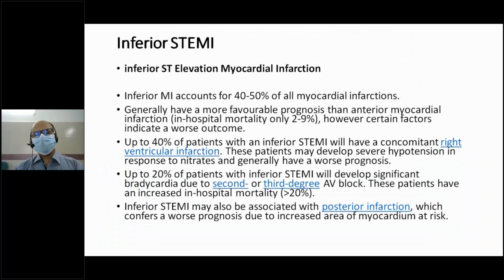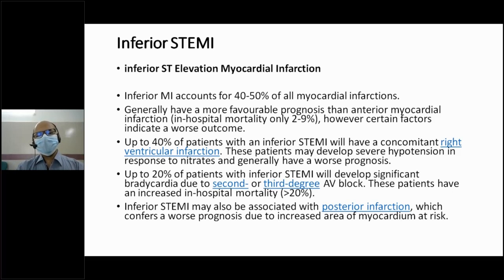Inferior myocardial infarction. The last few slides showed anterior, and now some important talk regarding inferior myocardial infarction. You know, the inferior wall of the ventricle, usually the left ventricle is more marked, or sometimes the right ventricle.